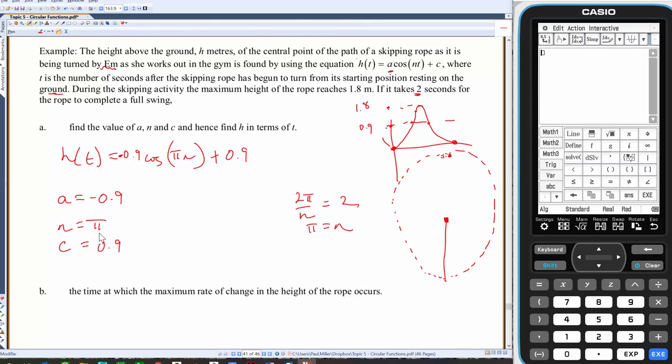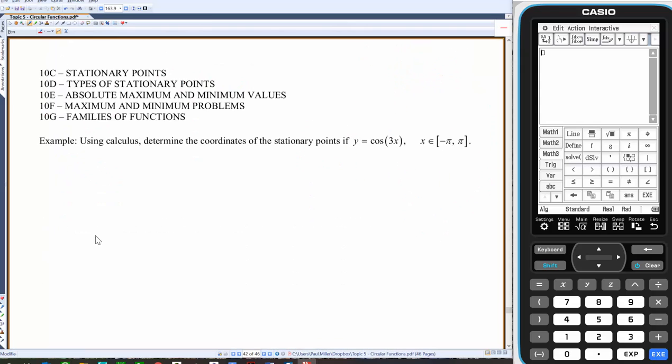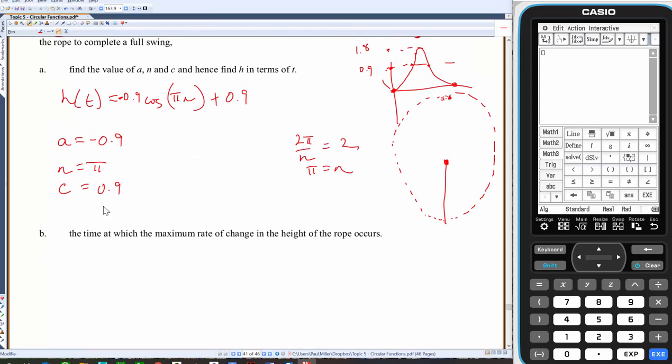All right, so this is a really important question here. The time at which the maximum rate of change in the height of the rope occurs. We want the maximum rate of change. So what we're looking at here is, if we imagine the derivative function, what we're looking for is when the derivative is at its maximum.